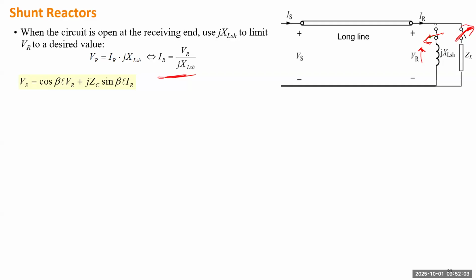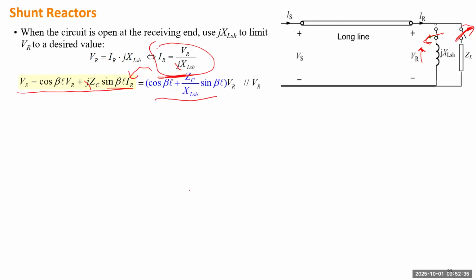So we still go back to the original formula. This one tells you how the source voltage changes with the load voltage and current. So we plug in this current here because we want to generate a formula that only depends on the load voltage. So you see, this J and this J will cancel.